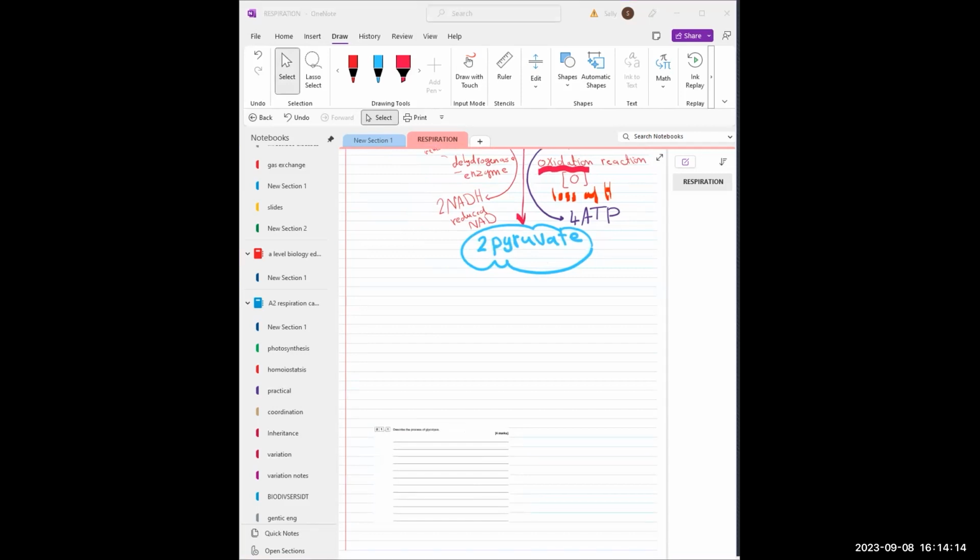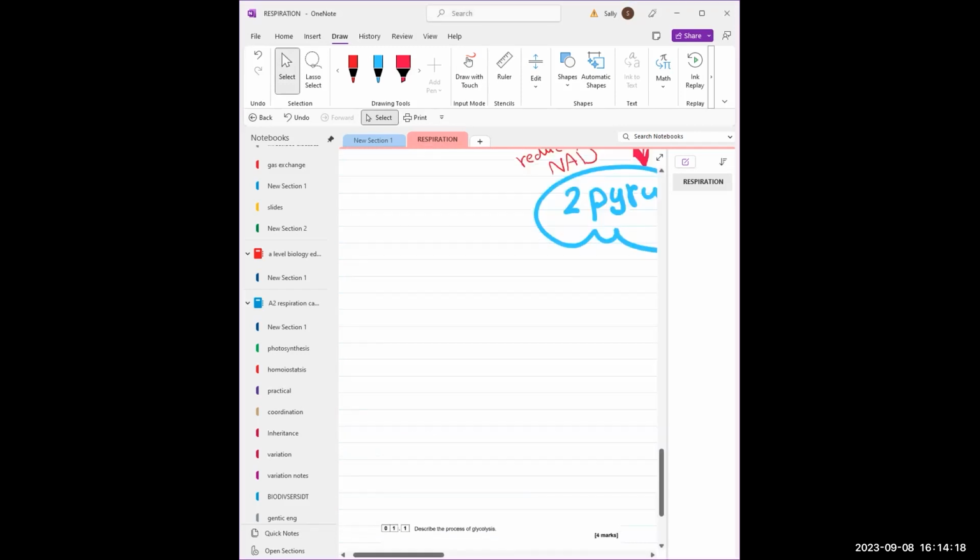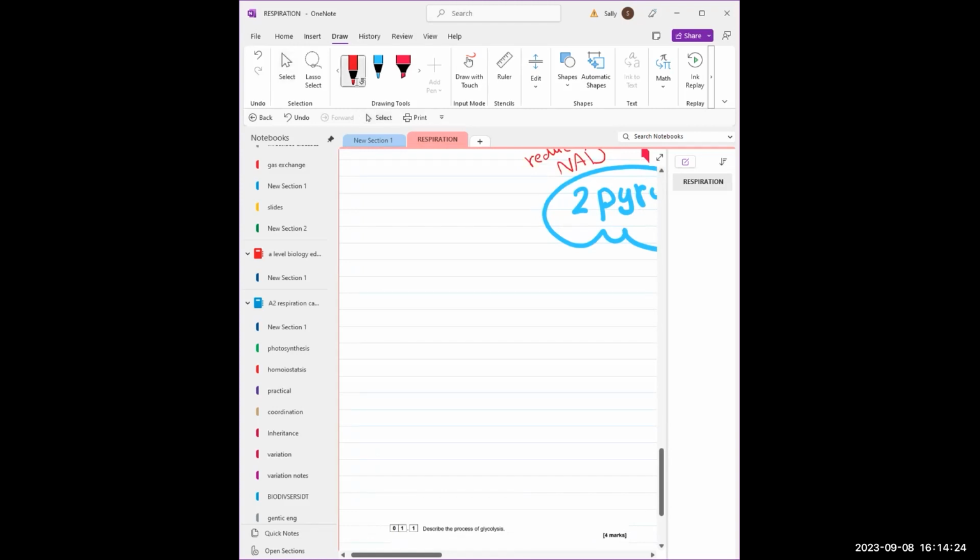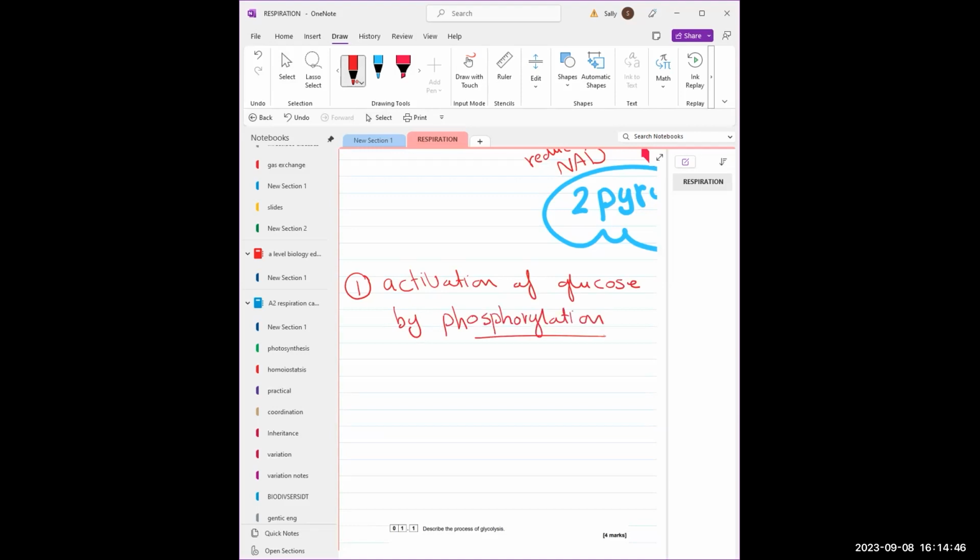Excellent. So if I would like to summarize this first part of the respiration of glucose, which is glycolysis, number one, we will say activation of glucose by a process called phosphorylation. Why is it called phosphorylation?